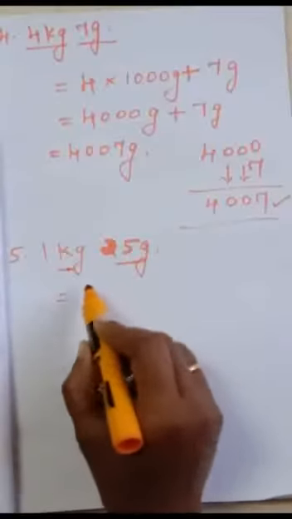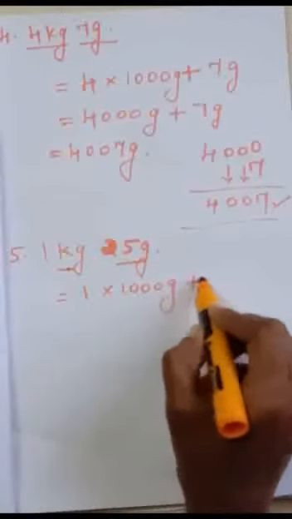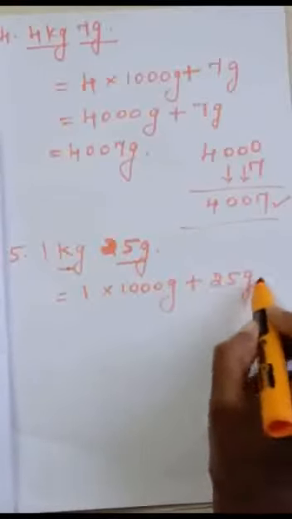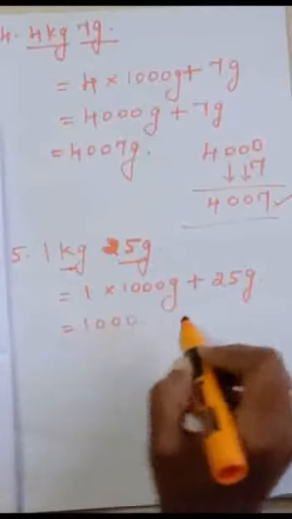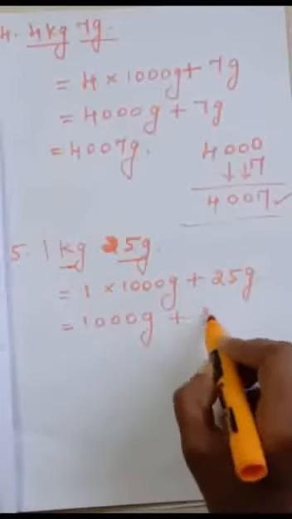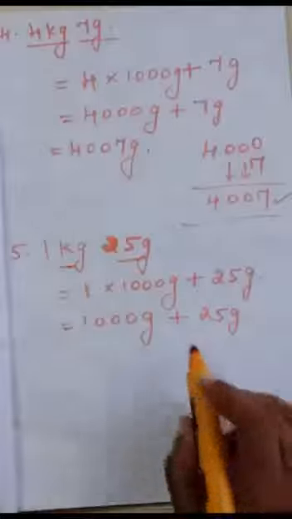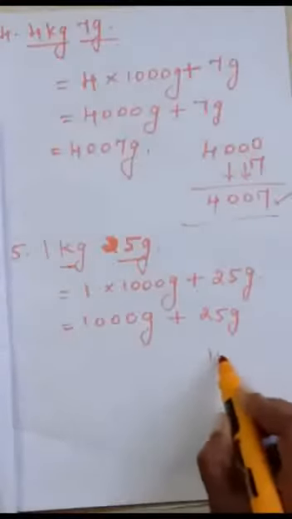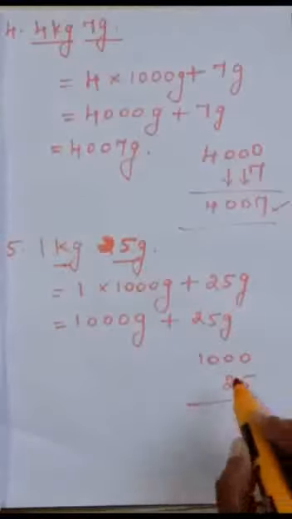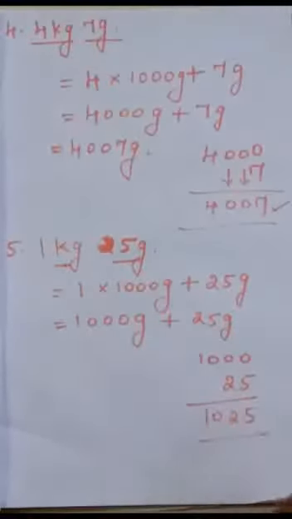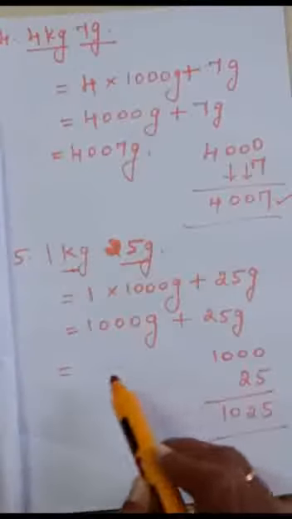Fine. 1 into 1000 gram plus 25 gram, right? Now 1 into 1000, 1000 gram plus 25 gram. Now what you have to do? You have to add this, the same procedure, isn't it? As in the previous sum, 1000 plus 25. Okay, 5 into 0, 1. So what is the answer finally? In 1 kilogram 25 gram, if you convert this, what will you get?